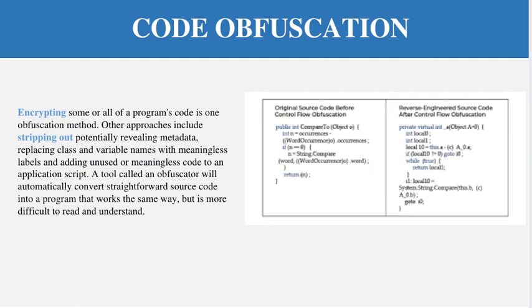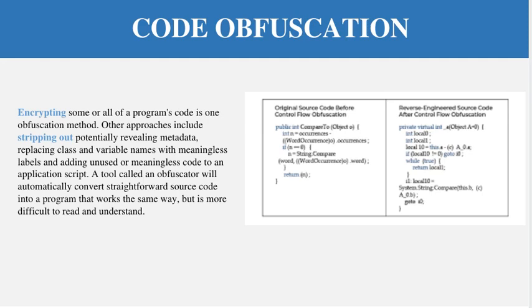The first approach is that we do encryption in the program's source code. Encryption is a very important way through which we can strip out potentially revealing metadata, replace class and variable names with meaningless labels, and add unused or meaningless code to an application script.